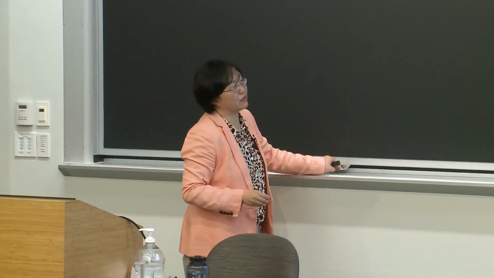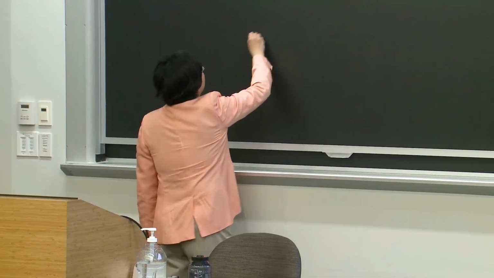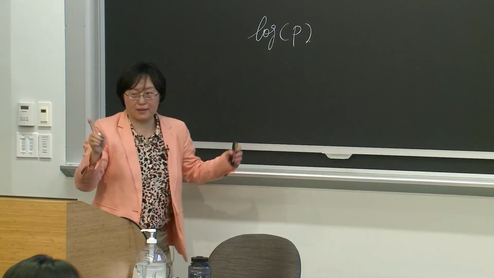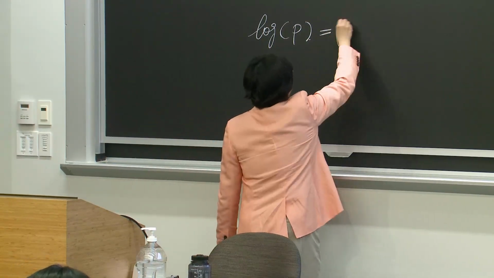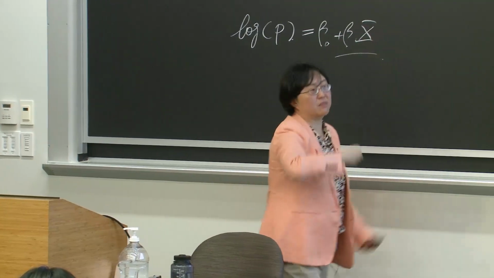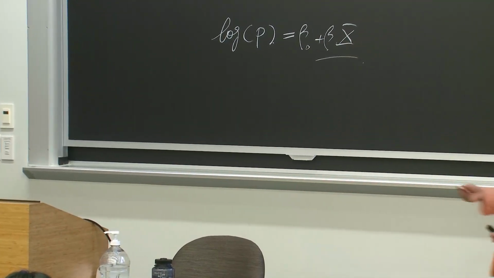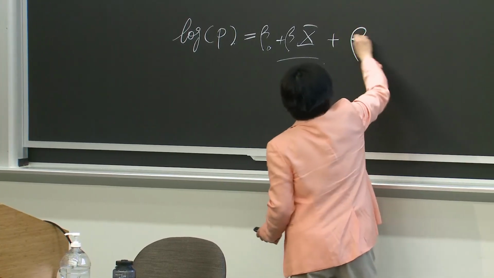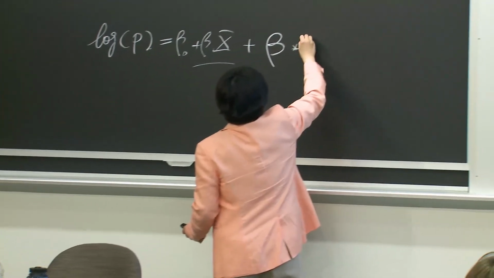So the point is the following. You have log P, the hedonic price. Then you have beta 1 times X, all the controls, like number of rooms, school, subway. Then you have another beta times treat.